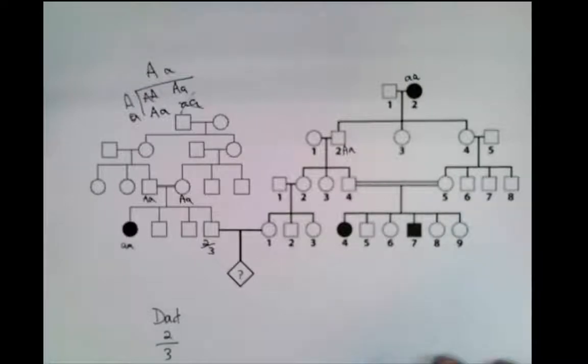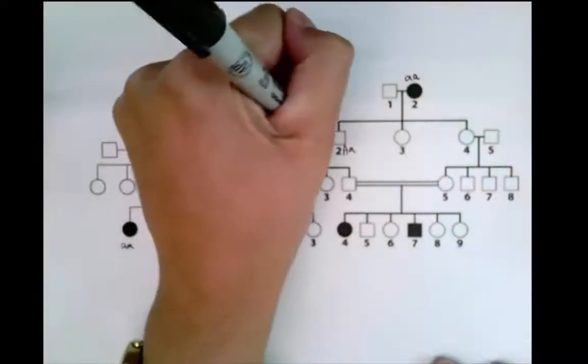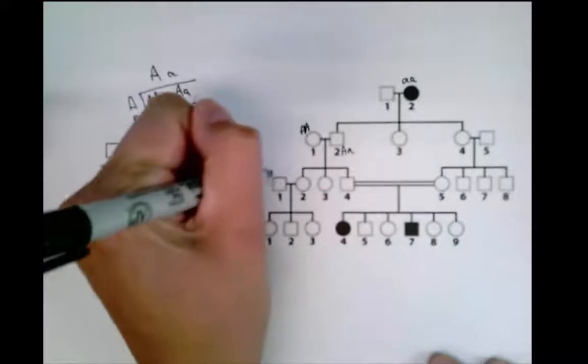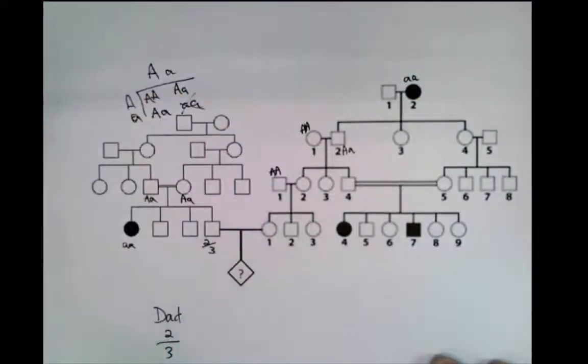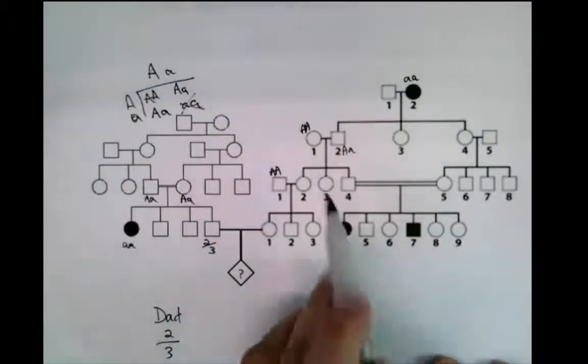In this example, this is a very rare disorder, so any individuals who marry into the family, if it's not otherwise indicated, you can assume that they are homozygous wild type. So this individual is big A, big A. This individual also will be big A, big A.